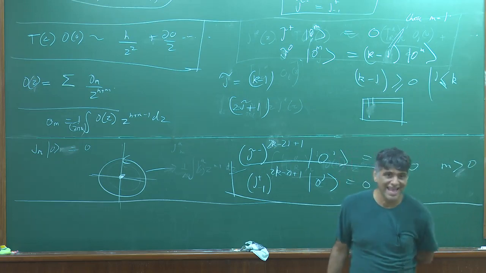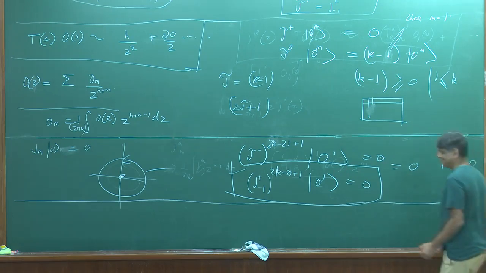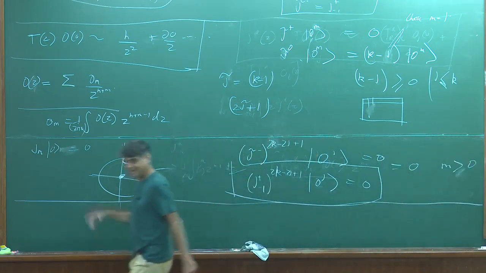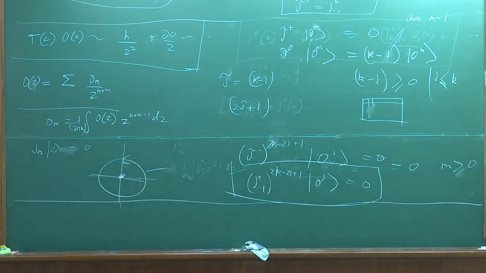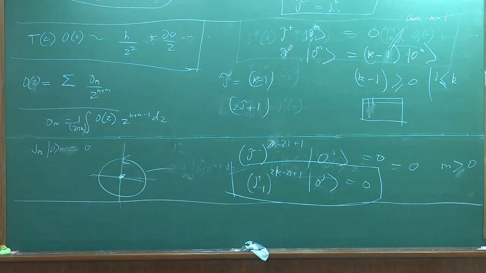Now, we have also concluded that there is this null state. Every time that a conformal field theory has null states, this implies some equation on correlators.